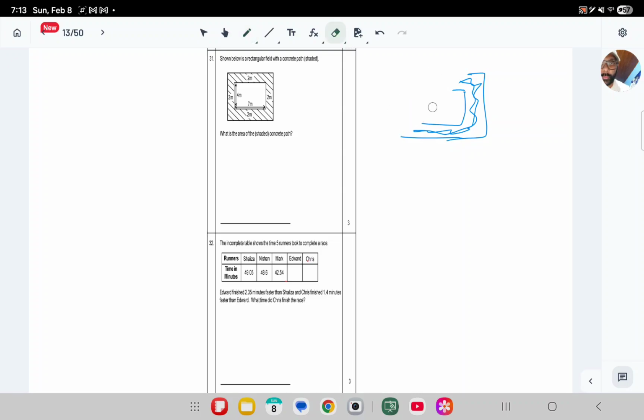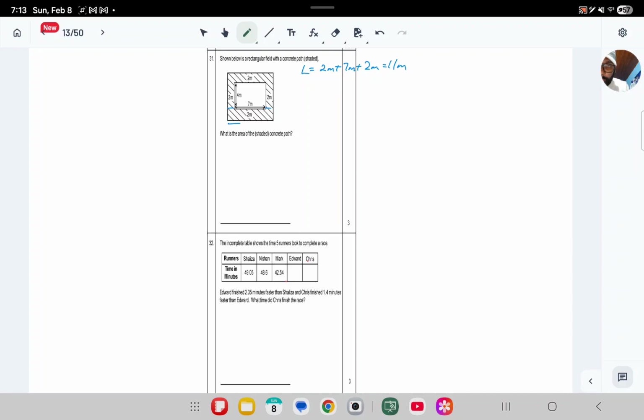So looking at this here now, we do not know the length of the entire field, and we do not know the width of the entire field. So the length would be 2 meters add 7 meters add 2 meters, which will give us 11 meters.